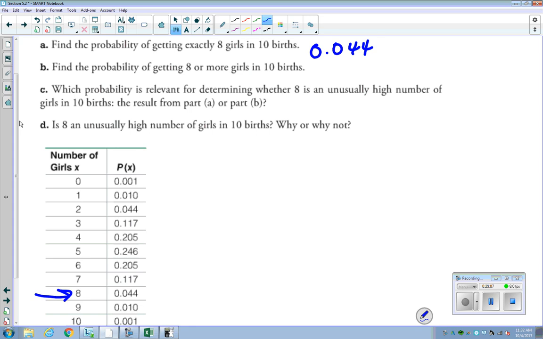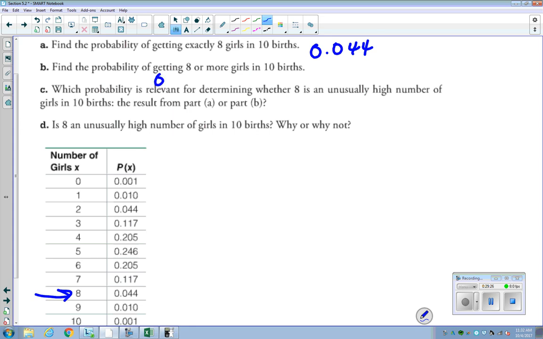But the next one, and this is really reading. Find the probability of getting 8 or more girls in 10 births. So that means I'm going to have to add together the probabilities of 8 girls, 9 girls, and 10 girls.